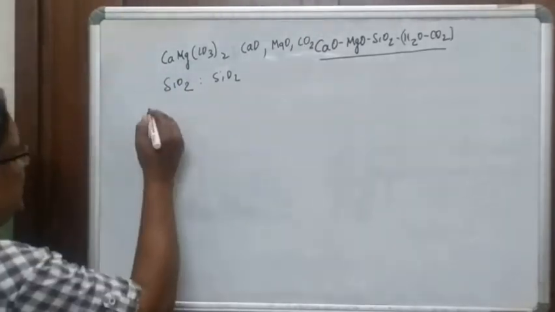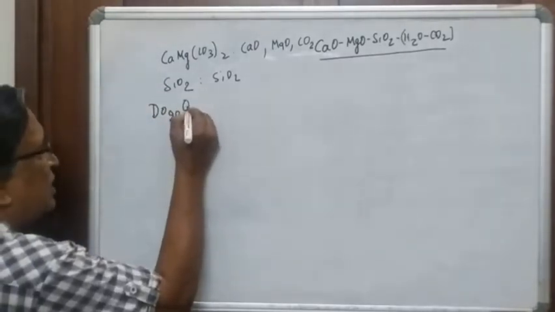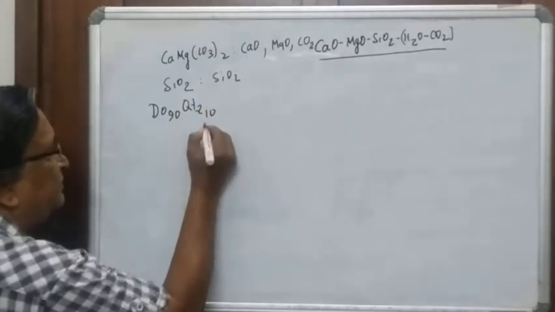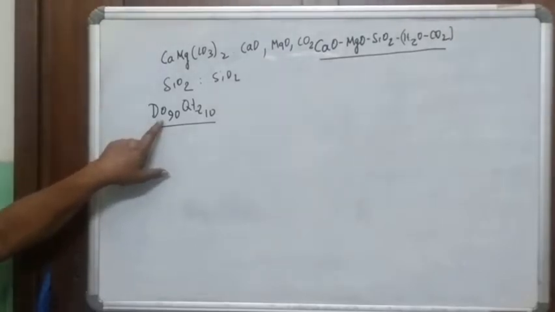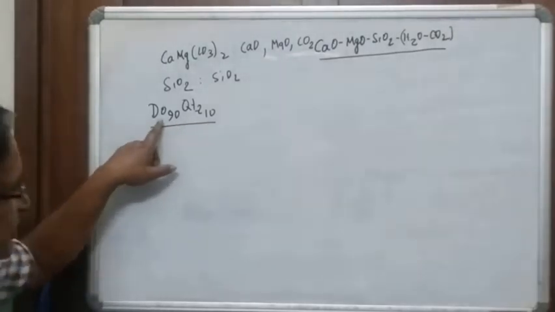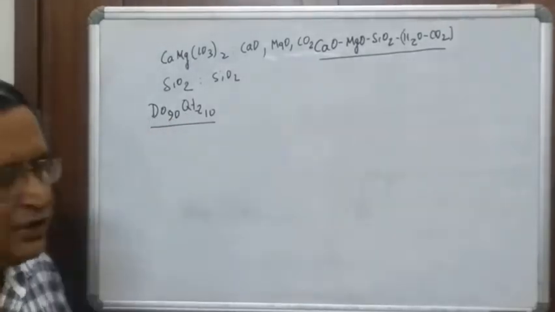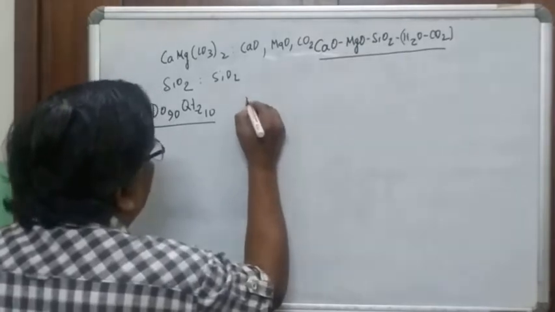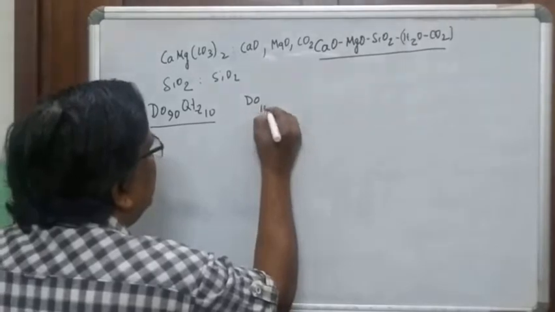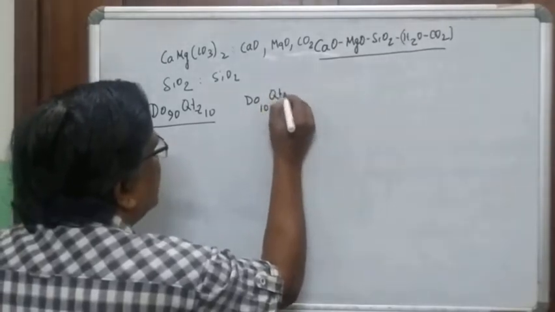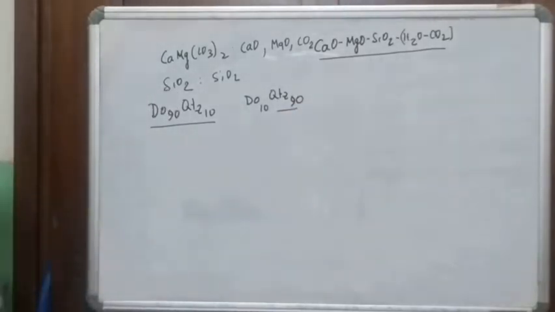So say, for example, if you take a rock, dolomite 90, quartz 10, then essentially you're taking a rock which is a dolomite and you're adding a little bit of quartz into it. So we call it siliceous dolomite. On the other spectrum, you will have, say, dolomite 10 and quartz 90. Now here, quartz 90, it's a quartzite.